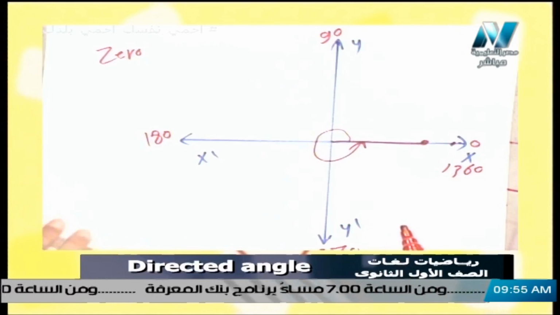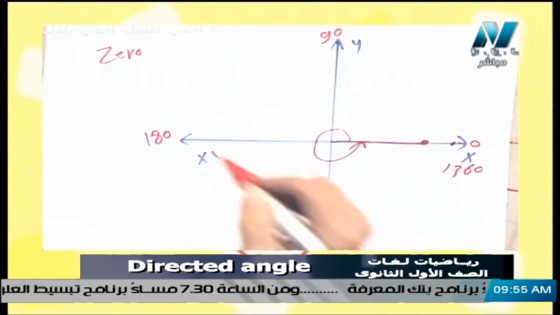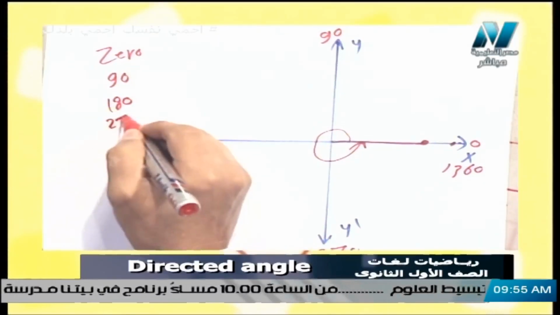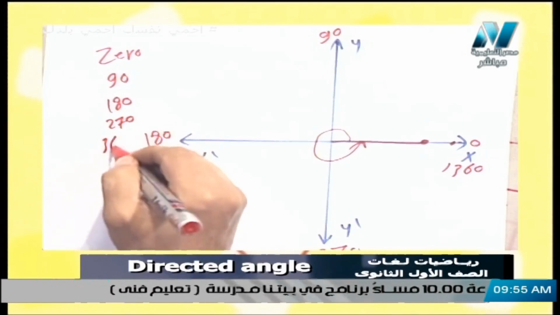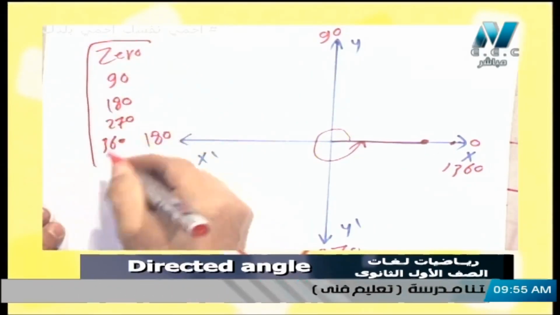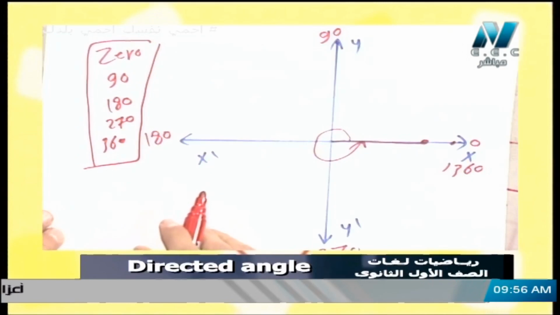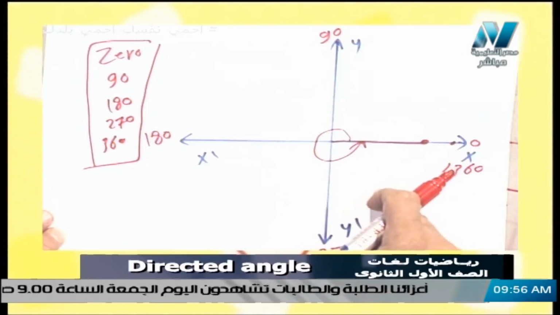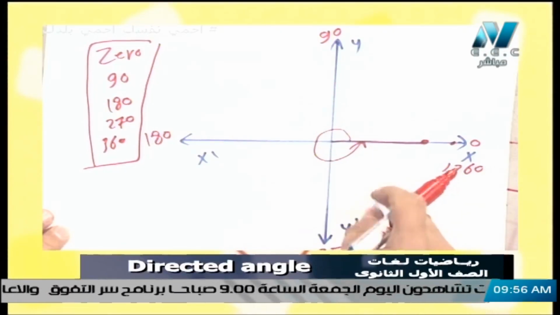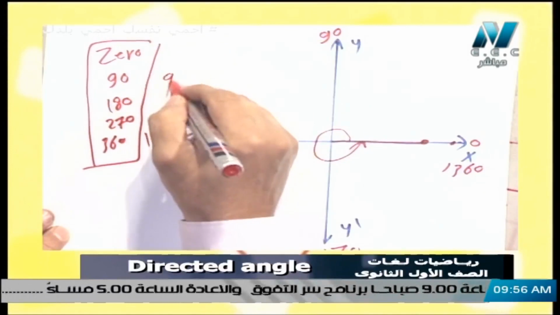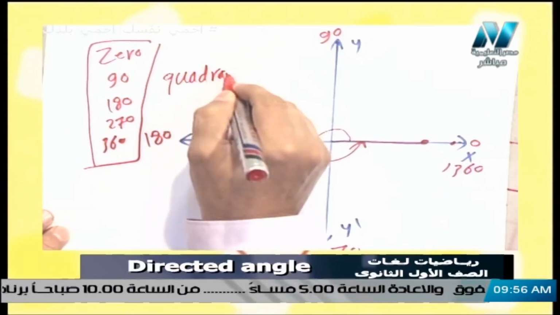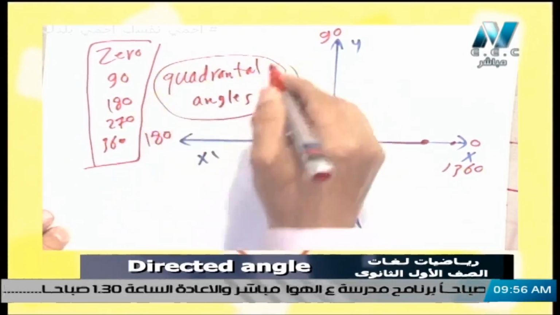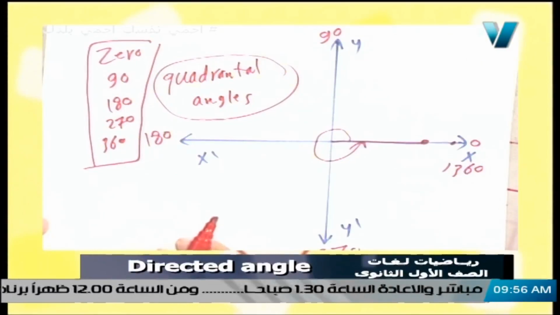Okay? So, what about the angle 0, the angle 90, the angle 180, the angle 270, and the angle 360? Is one of them in the first, second, third, or fourth quadrant? No. So we call them quadrantal angles. So when someone asks you, what about the angle 90?